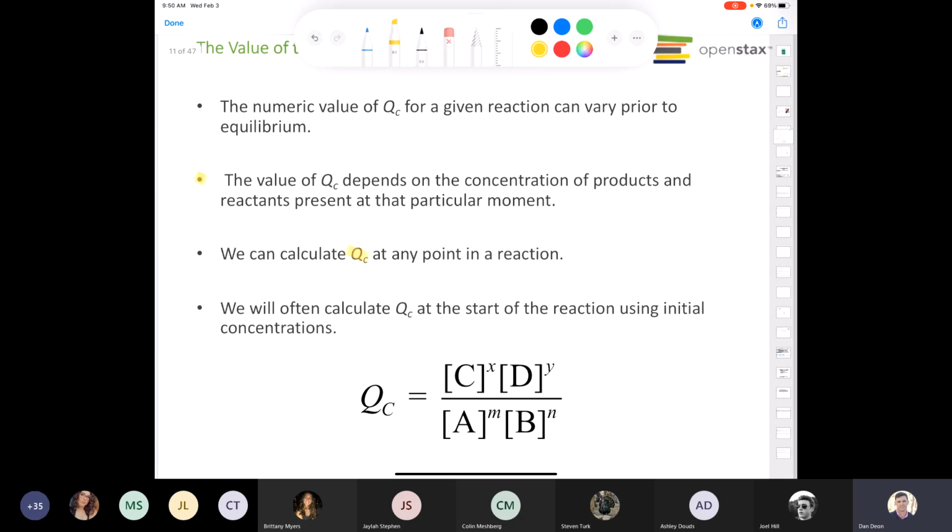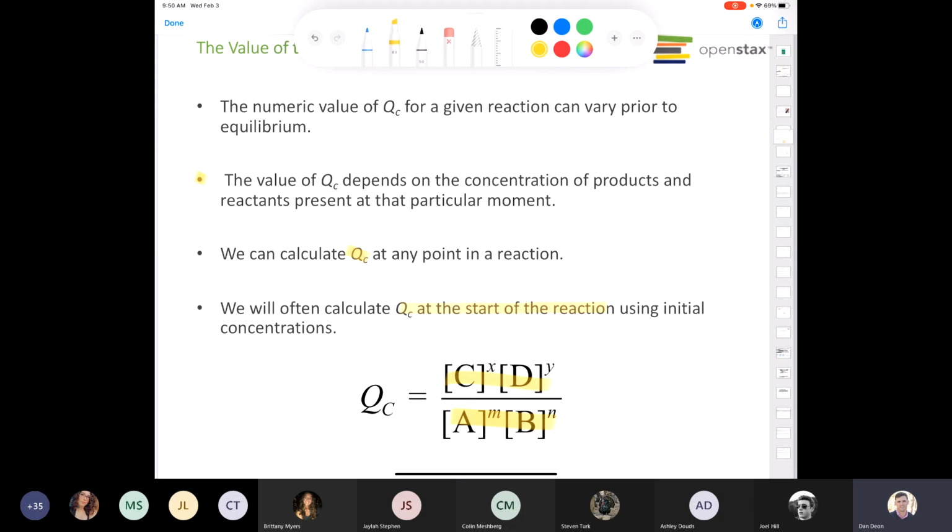So if you're saying, hey, Mr. Dion, if I measure the QC at different times, and the concentrations are changing, that means my QC can change. Absolutely. You can literally have an infinite number of QCs for a reaction. However, oftentimes we're going to calculate QC at the start of the reaction using the initial concentrations. You're going to see that come up over and over in this class.